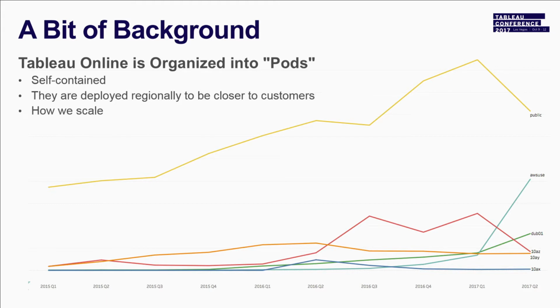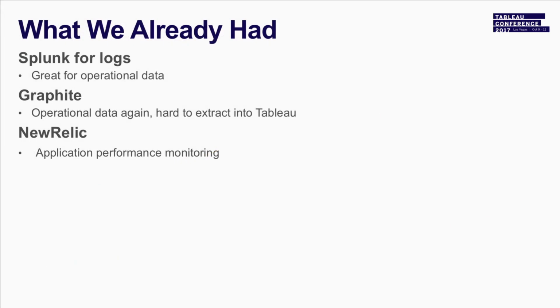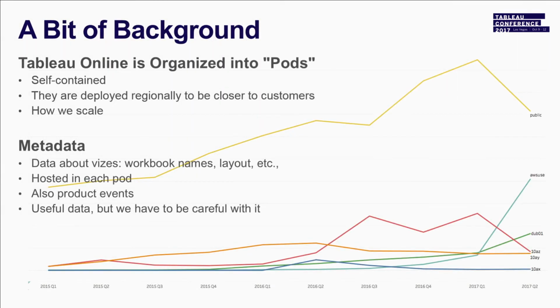We deploy them regionally so that they're close to the customers, or at least close to the customer's data, and they're how we scale. In each of these pods is a metadata store. In our case, we use Postgres, although that will be changing to Hyper relatively soon. In these data stores, we have some data about the vizzes, things like workbook names, column names, how the vizzes are laid out.